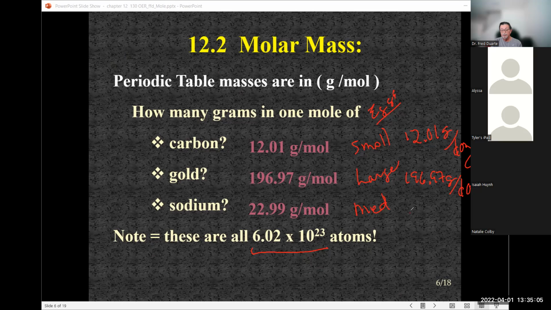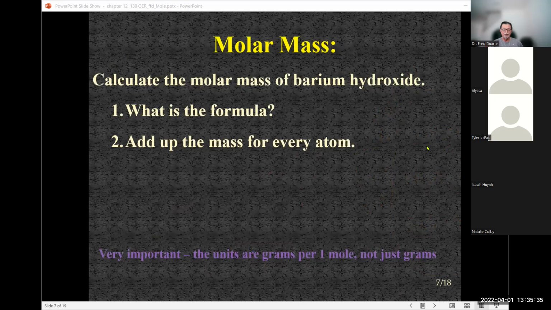And the medium eggs would be 22.99 grams per dozen. In all cases here, I have 12 eggs of each one. And obviously they're going to weigh differently per dozen. Okay. So basically, in a nutshell, the mole is the chemist's dozen. That's our dozen. It just happens to be a very large number.